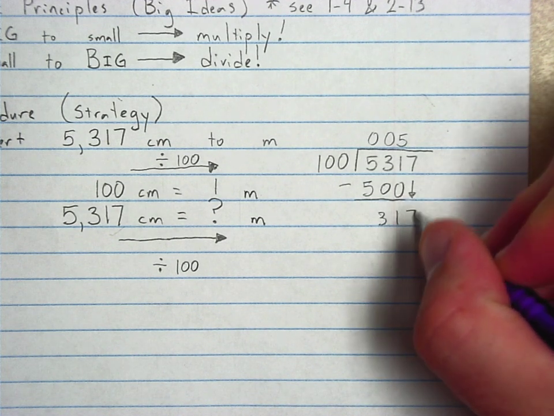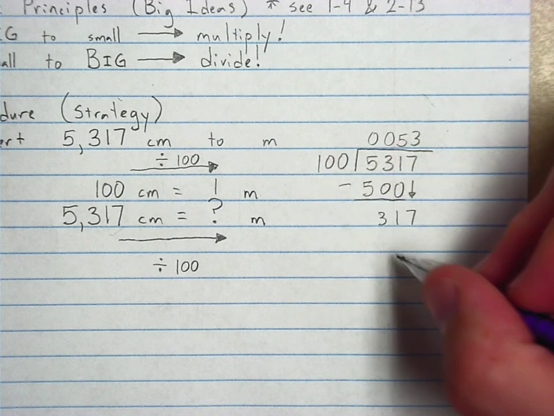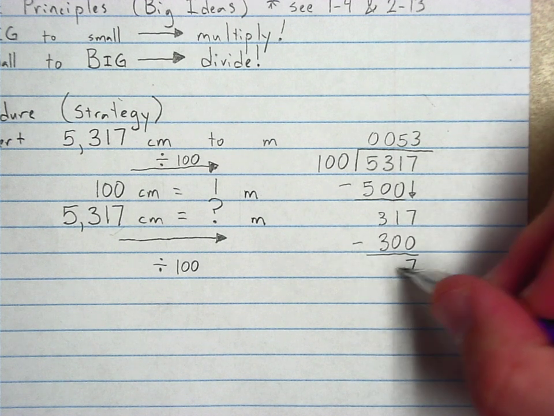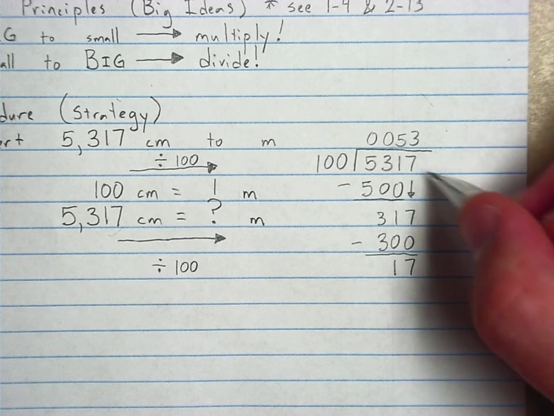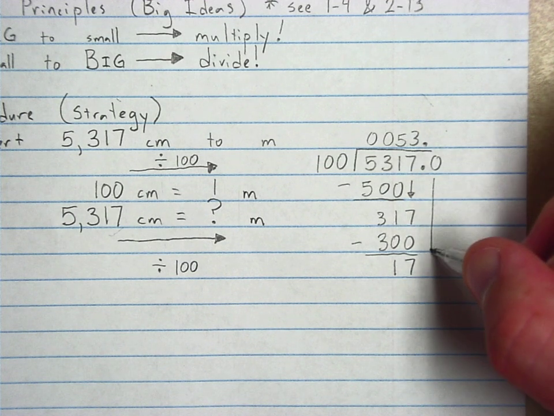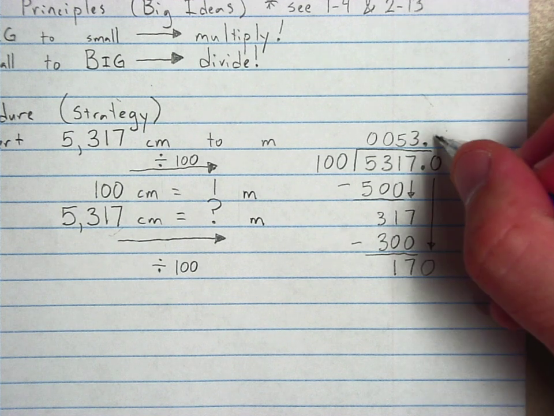Bring down the 7. 100 will go into 317 3 times. 3 times 100 is 300. Subtract. Now I have to add a decimal and a 0. 100 will go into 170 1 time.